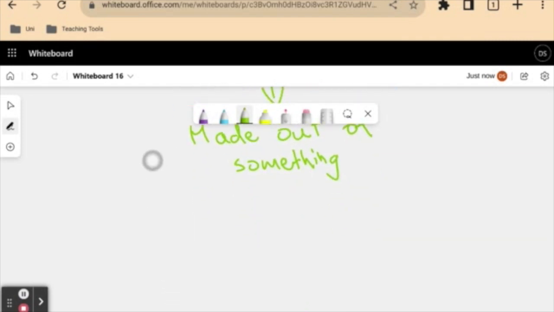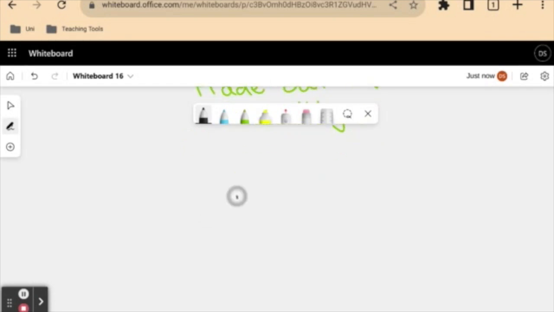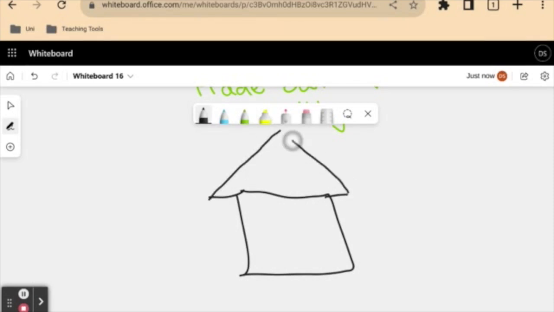Now, I'm going to draw a composite shape which may look familiar to you. It's probably, I'd say, the most common composite shape, because we spend a lot of our time around these things. And this is a very elementary, primary school drawing of a house. This is probably how you would have drawn a house when you were a kid.